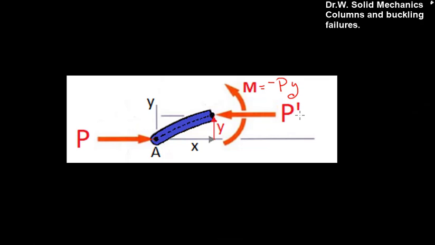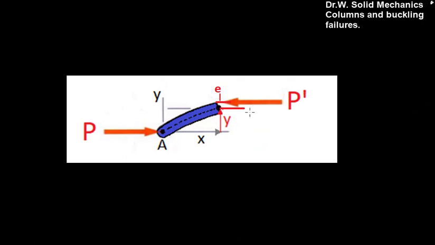Well, if this load is moved and becomes an offset load, which we've seen in the past can cause large increases in stress, where now if we offset the load from the neutral axis by a distance of E, our moment will be minus P times y plus E, that additional distance. And recall that that's equal to EI y double prime.